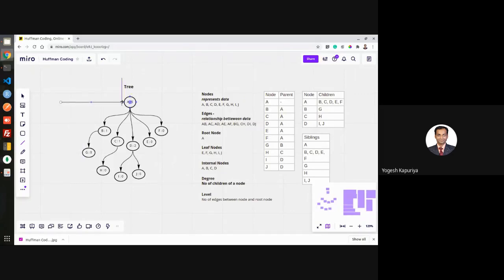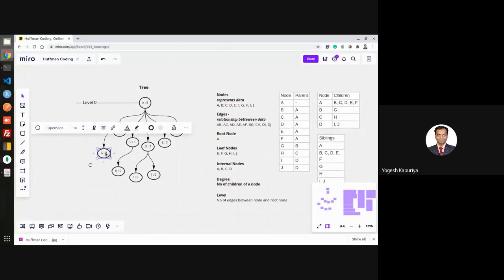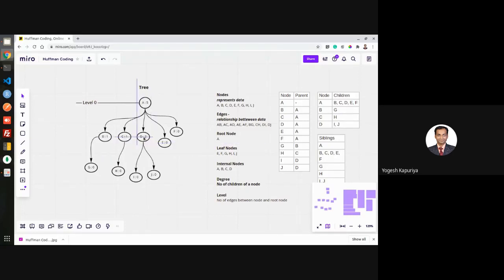In order to understand it, see this, then this is level 0, right? In order to better understand this, you should arrange your nodes in this way. That will give you a better idea of what we mean by level.